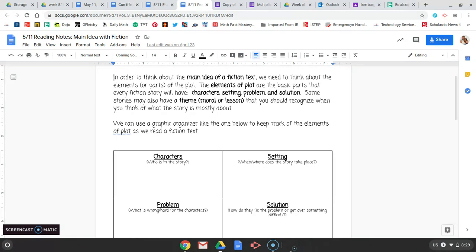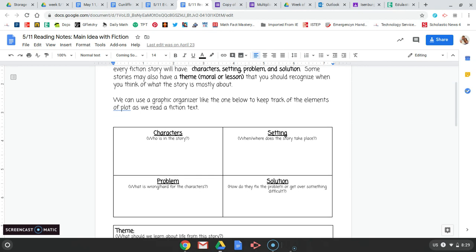We've talked about that. You've learned about that since you were in first grade, maybe even kindergarten. And then a lot of fiction stories are told in order to teach a lesson, which means we also want to be on the lookout for theme. Not every fiction story will have a theme, but most of them have some kind of lesson that you could learn built in, even if that wasn't their purpose. So it's always good to be on the lookout for that.